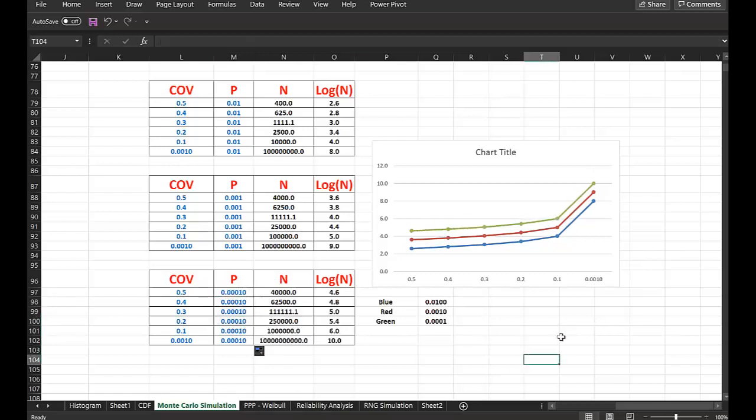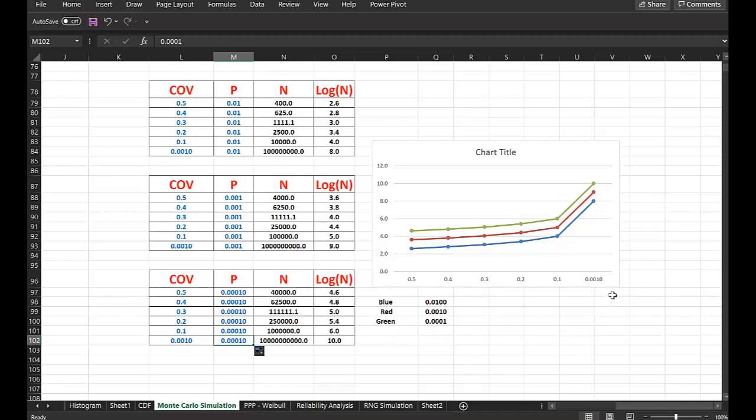So if you see, on a logarithmic scale my sample size increases as the probability decreases. In this case I have a lesser probability, but my number of sample size is increasing, and this increase is plotted here on a logarithmic scale.